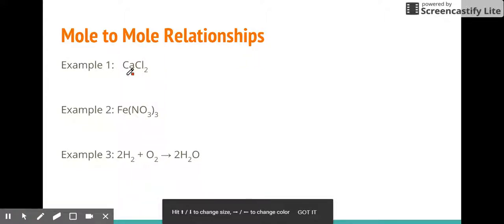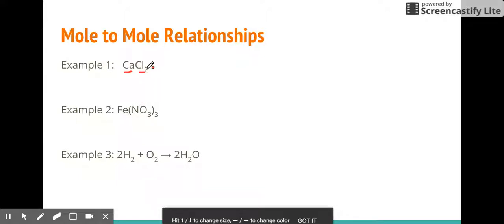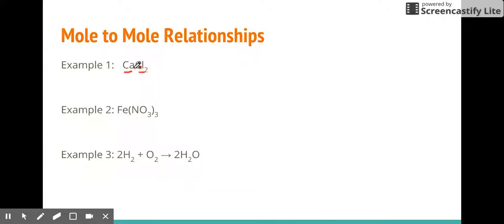So if I wanted to say, what is the multiple relationship between Ca and Cl2, what I'm going to look at there is the subscripts, all right? Because there's nothing beside the Ca, it's understood one subscript. So my relationship between Ca to Cl2 would be 1 to 2. I can also look at it from a whole standpoint here. I could say, what is the relationship between iron 3 nitrate and nitrate?